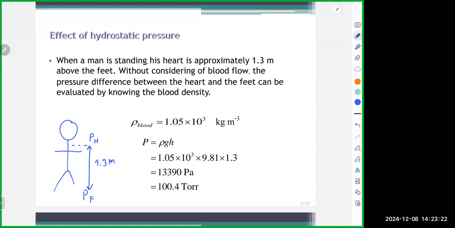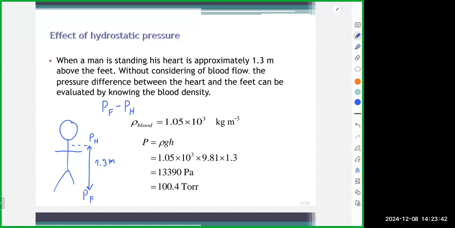The pressure difference means PF minus PH. I use this one because I already know that the pressure at the foot is higher than at the heart, because the foot is lower than the heart. Okay, but he is standing.